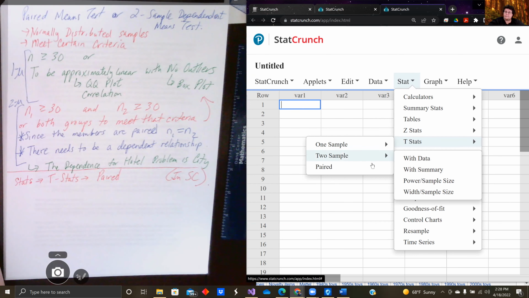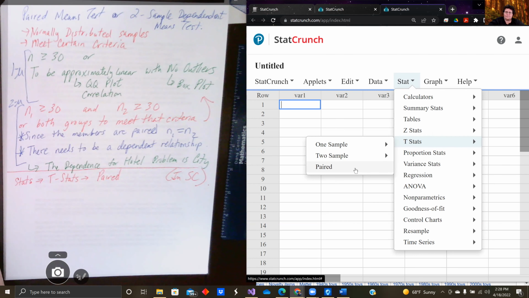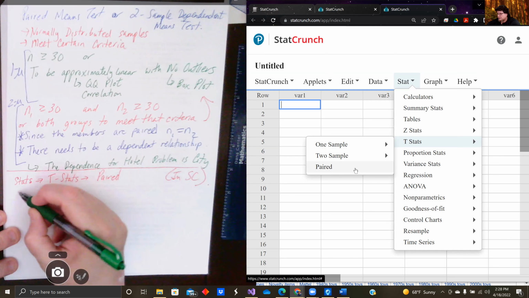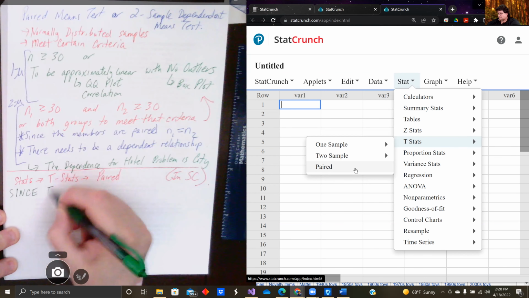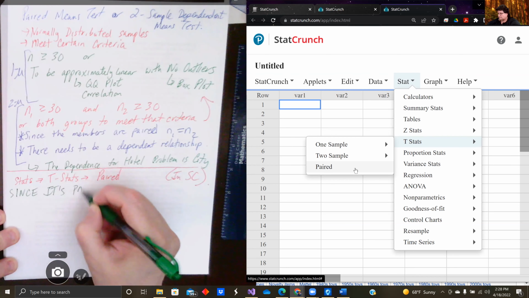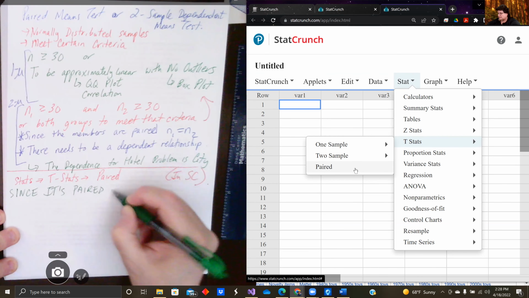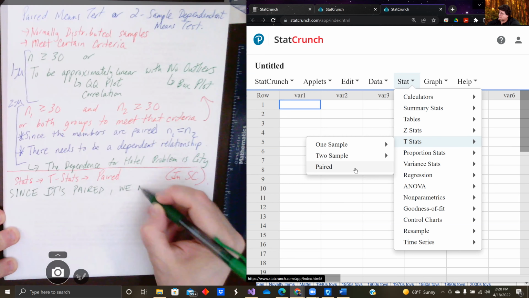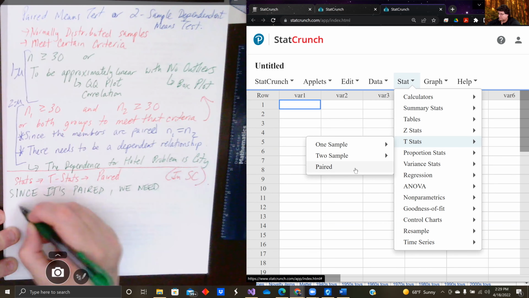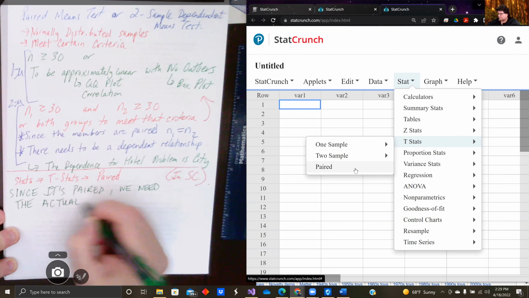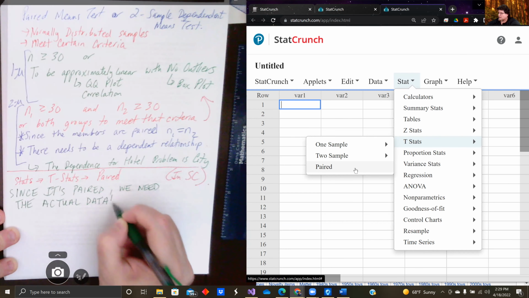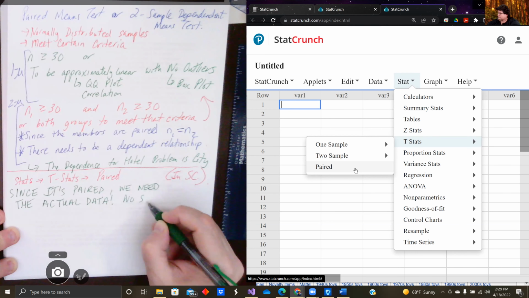I can choose between them. Paired, I'm not given that option. So that's another thing, since it's paired data, we actually need the data, which means no summaries.